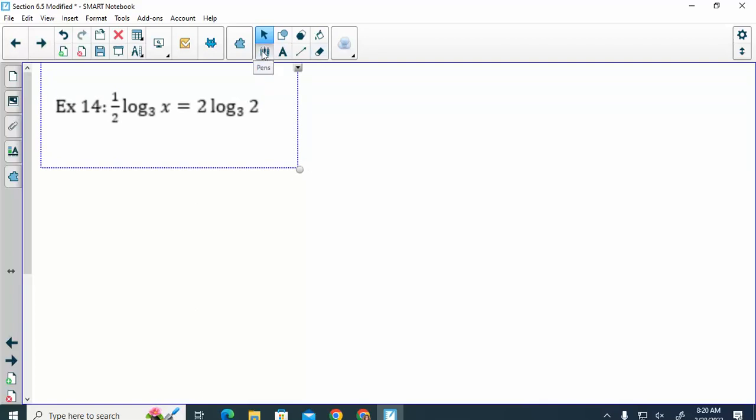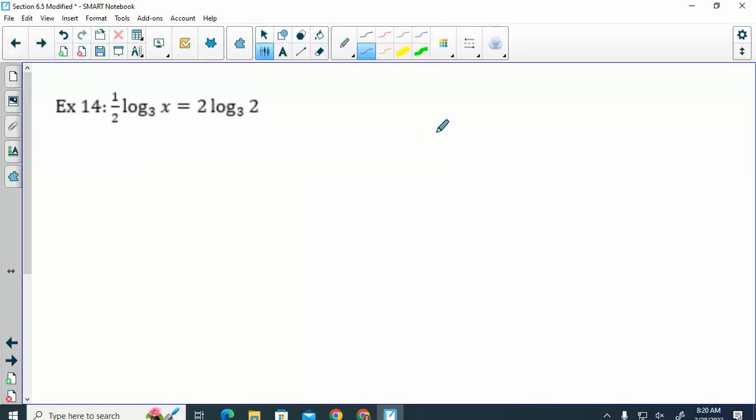So next one. What's our strategy? So we have to get rid of the 1/2 and the 2, so we can turn them both into exponents. So we have log base 3 of x to the 1/2 equals log base 3 of 2 squared.